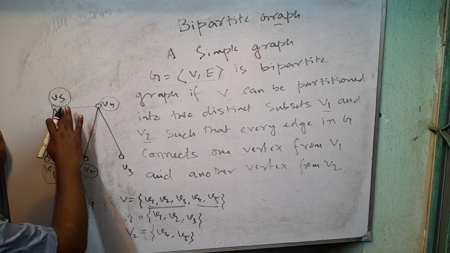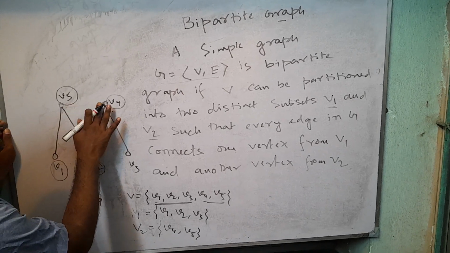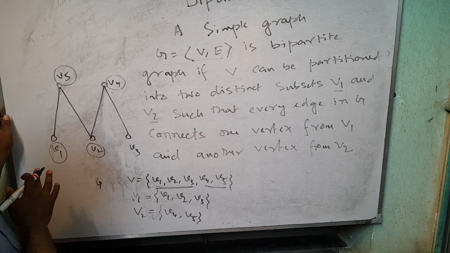So this graph is not bipartite, but the earlier graph is a bipartite graph.